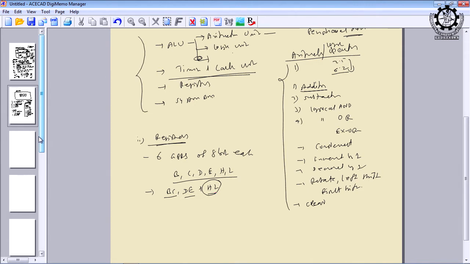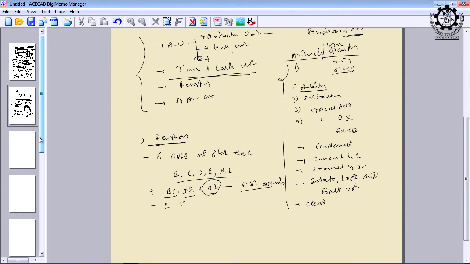And why are these register pairs available? To support 16-bit operations at a time. And whatever I am telling, there will be corresponding instructions. 16-bit operation means there are 16-bit opcodes also available. There are opcodes available which will allow the 16-bit operation.